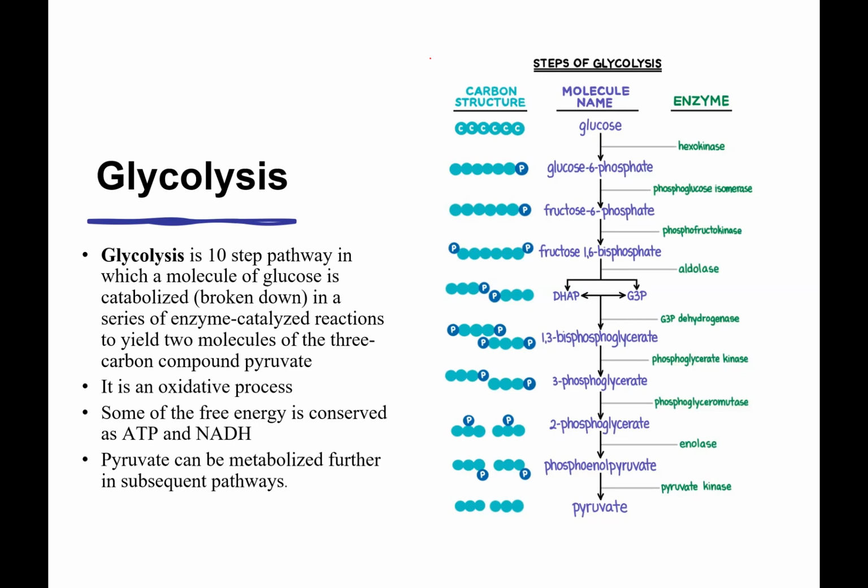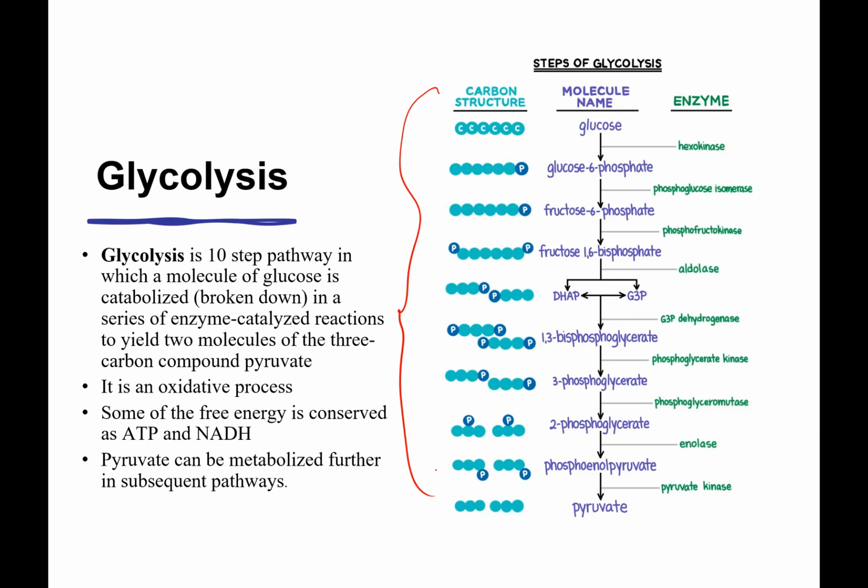Throughout this lecture, I'm going to show you the process in different ways. I've selected various images from the internet or the textbook, and each one of them is a little bit different. The one we're looking at here is one of the more simple ones, but that can be good, right? This just highlights the main events.